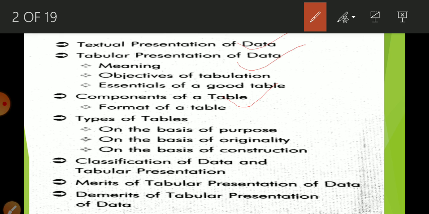In this way the theory part of this chapter is going to be over, and in the next video we are going to attempt some questions on how to tabulate given information.